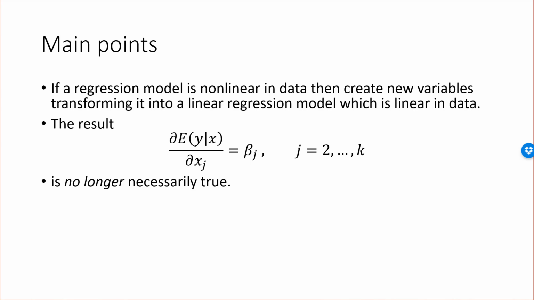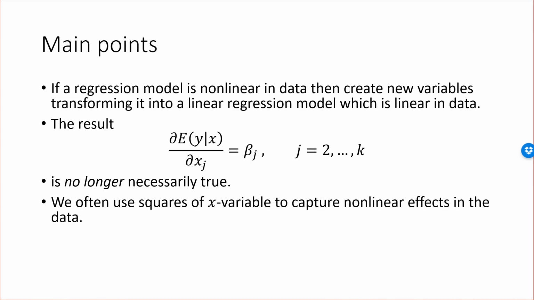If you're uncertain about how the relationship between the x variable and the y variable looks, then a common starting point is to add the square of the x variable, because that will capture some of the nonlinear effects.